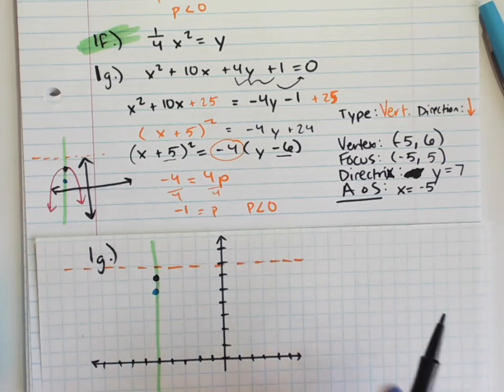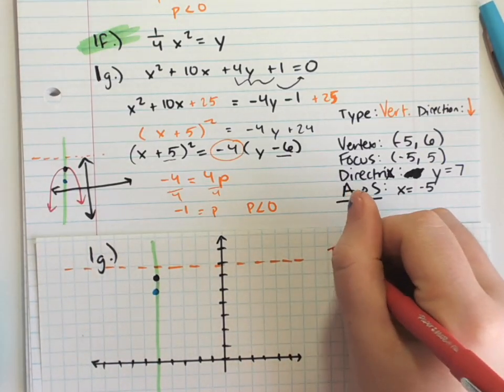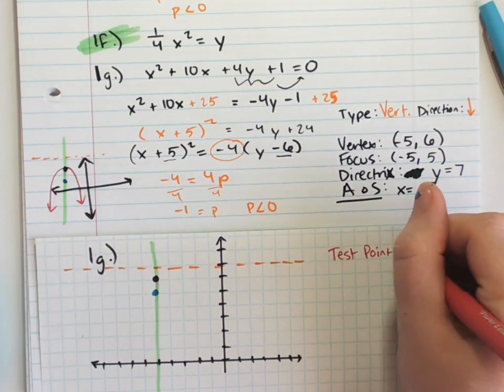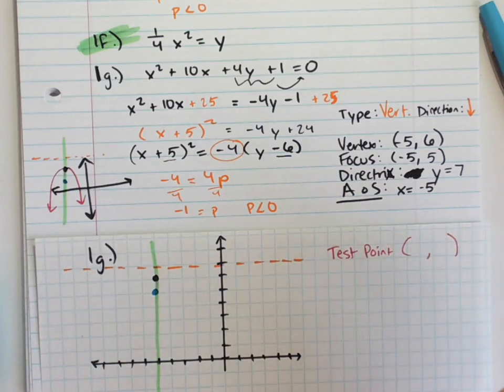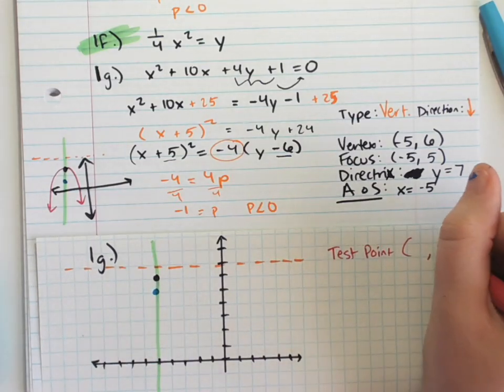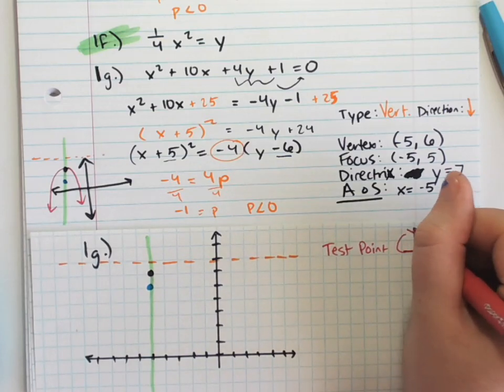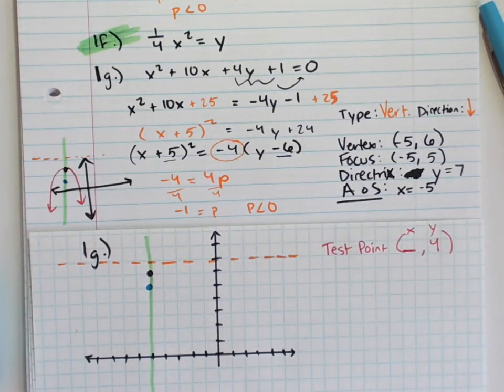We need to test a point. I'm going to test y equals 4 and figure out what x is. How do I know when to test an x value or a y value?